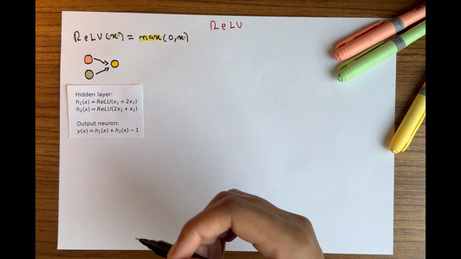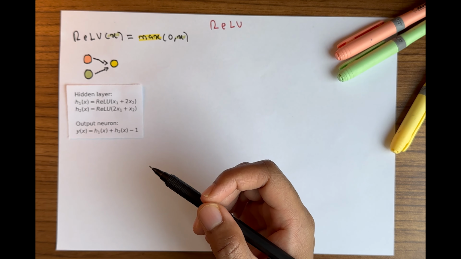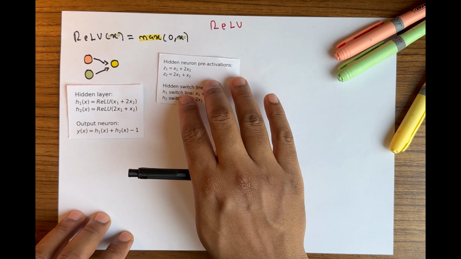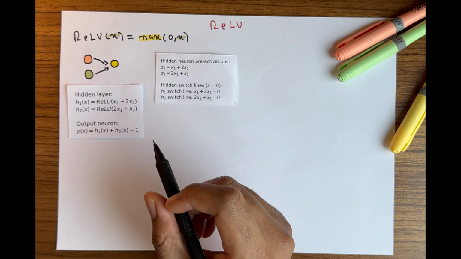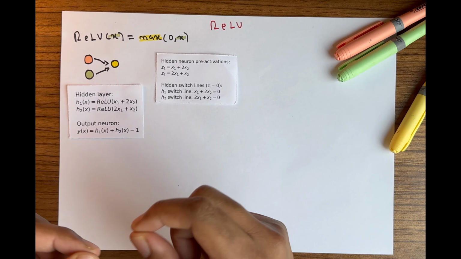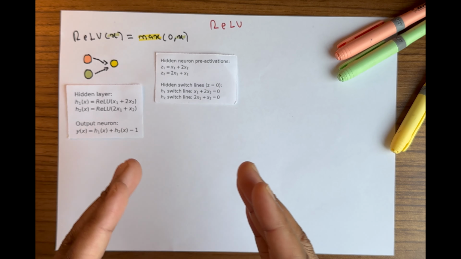The next step is to understand the hidden decision boundaries of H1 and H2. So maybe I can introduce this. Today there will be a lot of equations, that's why I printed them. Anyway, each neuron in the first layer defines a line where it switches from off to on.